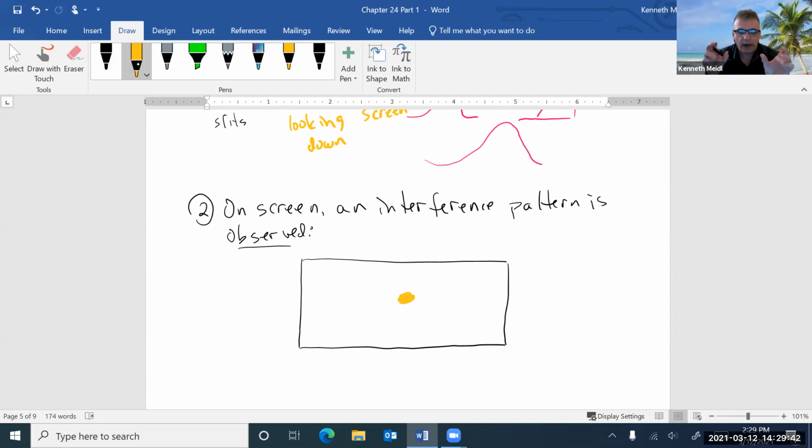And so you see a bright spot on the wall, okay? And that's a spot of, now we're looking straight onto the wall, so this is a spot of constructive interference. And then there's another spot of constructive interference and another spot of constructive interference. And then over here, you have a spot of constructive interference. And here you got a spot of constructive interference.